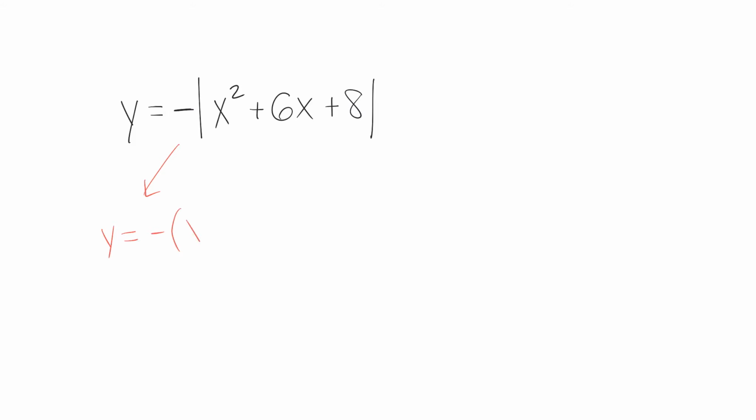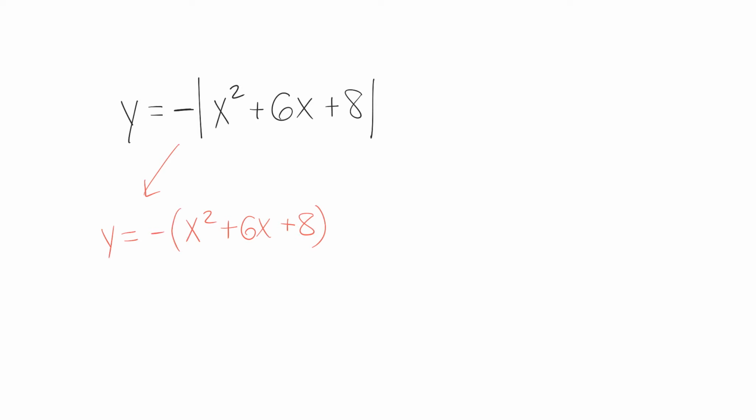What if we take y equals the negative absolute value of x squared plus 6x plus 8. All right, let's ignore our absolute value for just a minute, and I'm going to keep my negative outside. x squared plus 6x plus 8.